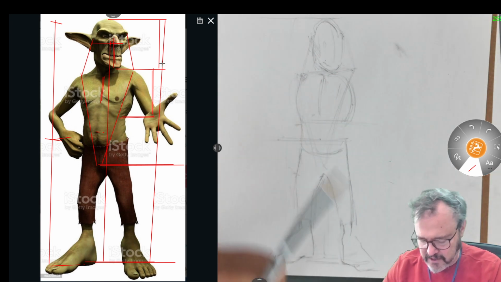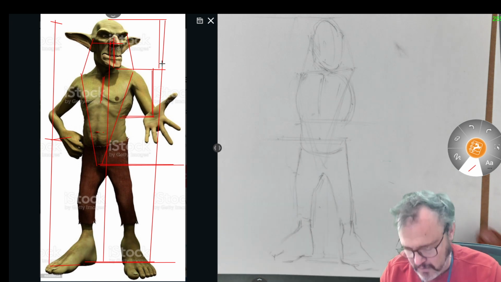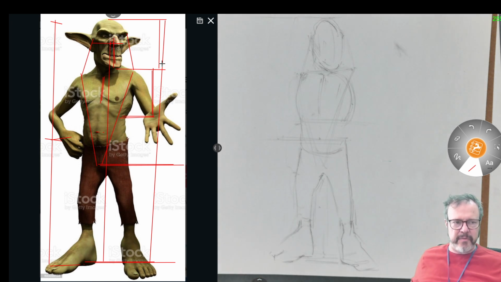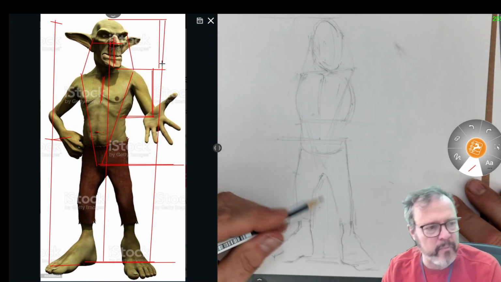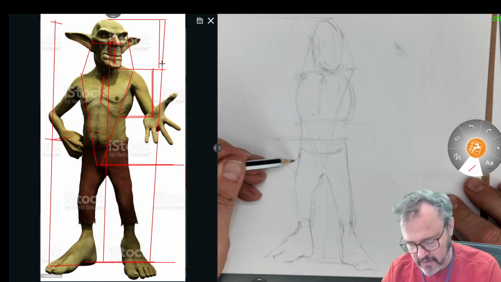And that's our tip off that the weight is evenly distributed. You'll notice even at this stage in the drawing, the proportions are disturbingly unhuman.